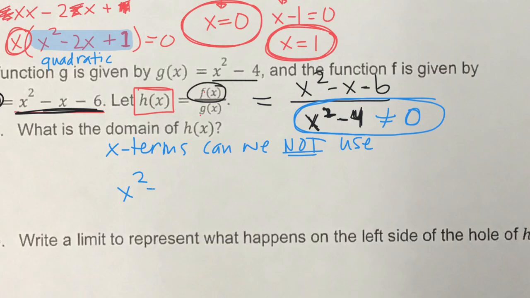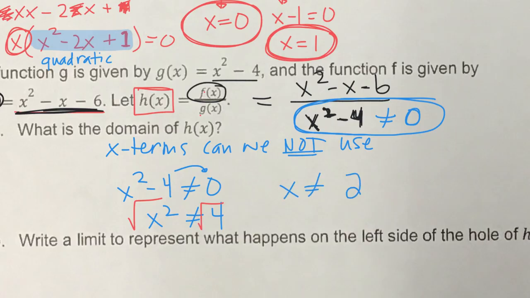So x squared minus 4, the denominator cannot be 0. And we're going to solve this just like it was an equal sign. So x squared cannot be positive 4, right, when we add positive 4 over there. And when we take the square root, what kind of answers do we get? Positives and negatives.